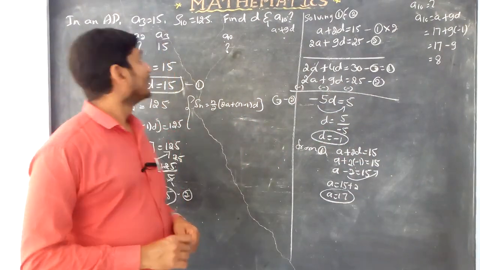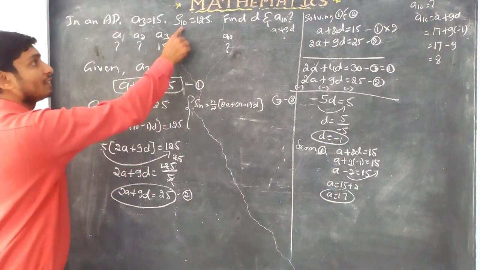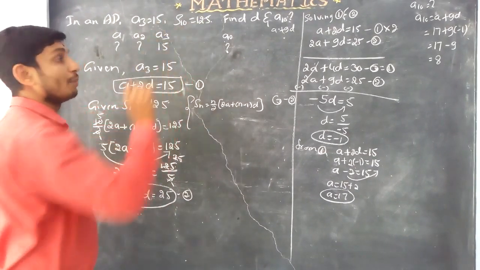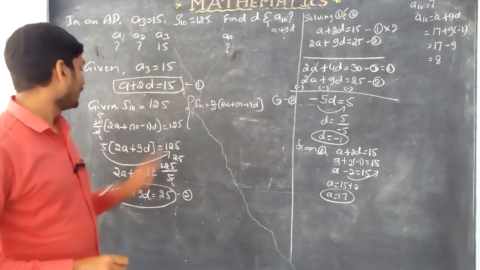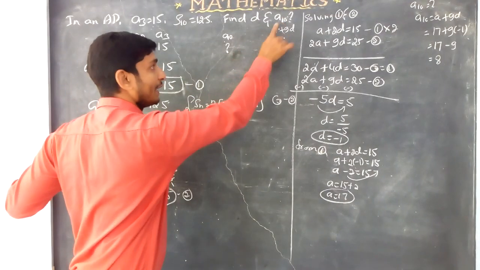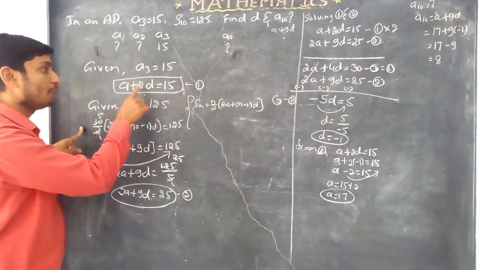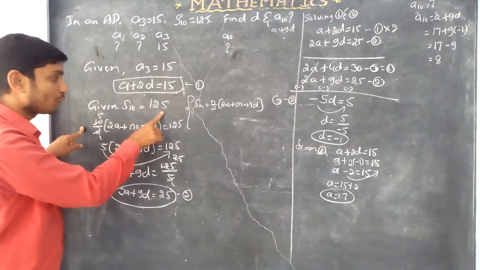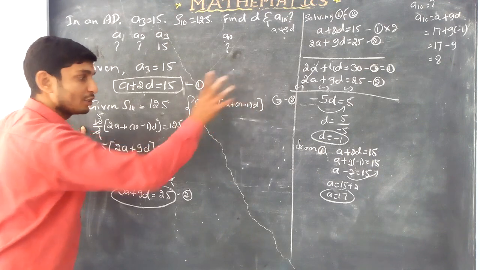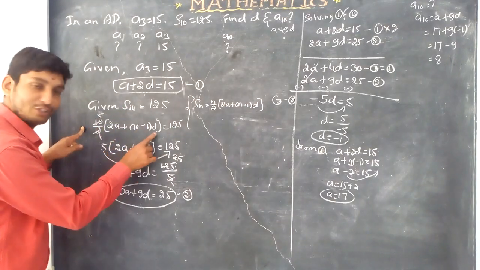If you want, I will explain once again. So simple problem: third term is 15, that means a plus 2d equals 15. Sum of first 10 terms is 125, so s10 equals 125. We have to find d as well as a10. a10 is a plus 9d, so we need a and d. a3 is 15, that is a plus 2d equals 15. For s10 equals 125 we use the Sn formula: Sn equals n by 2 into 2a plus n minus 1 into d. So s10 equals 10 by 2 into 2a plus 9d equals 125.